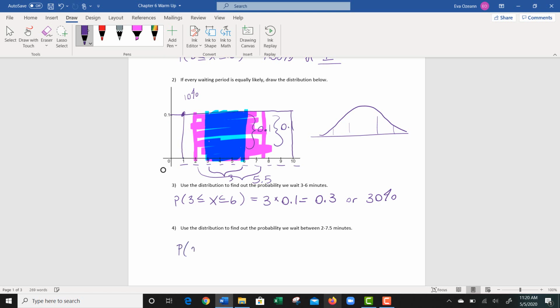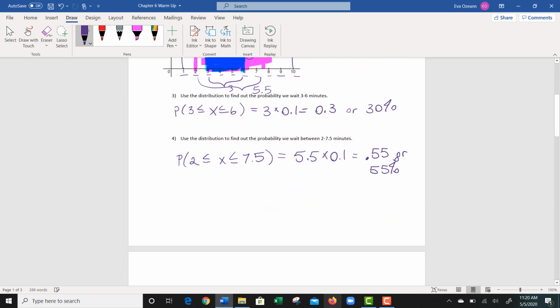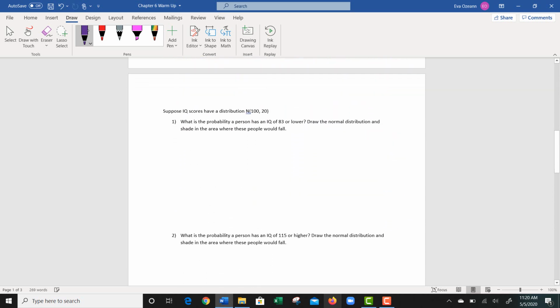So the probability we have to wait between 2 and 7.5 would be 5.5 times that 0.1, which would give us 0.55, or we'll have to wait that long 55% of the time. Okay, great.